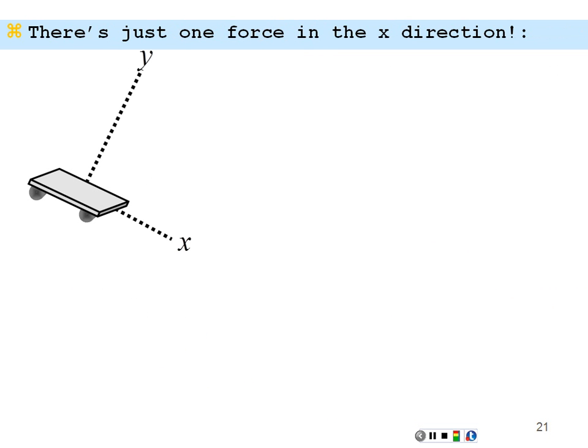There's only one net force in the x direction if I do things this way. The normal force and the mg cosine theta are canceling out in the y direction, and I only have one net force in the x direction, and that is mg sine theta, but it's not zero. It's some finite mg sine theta net force, and that's what's causing an acceleration in the x direction.